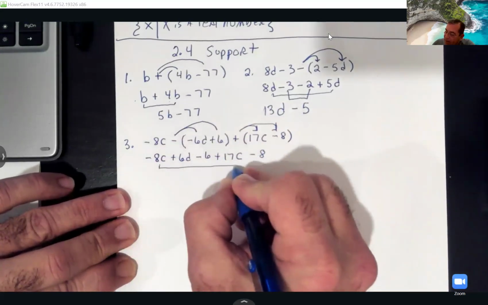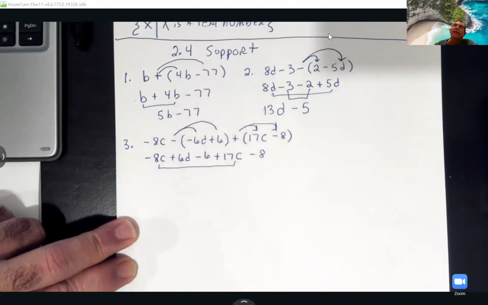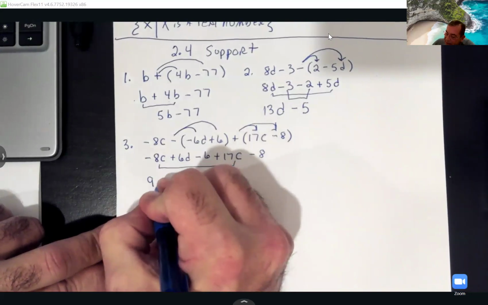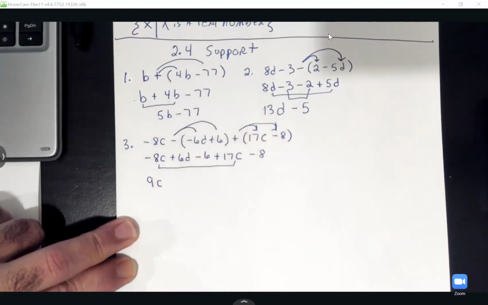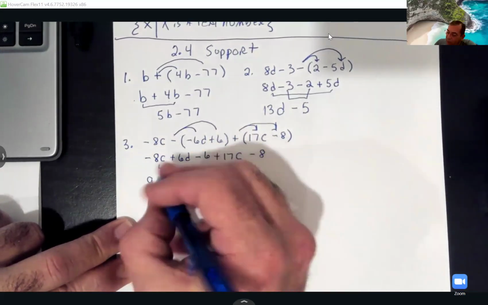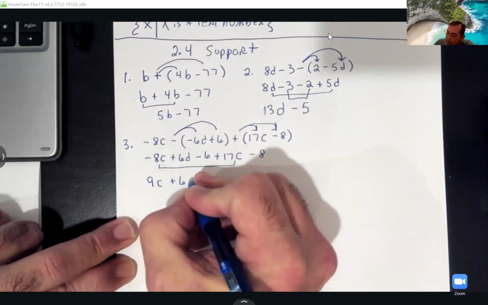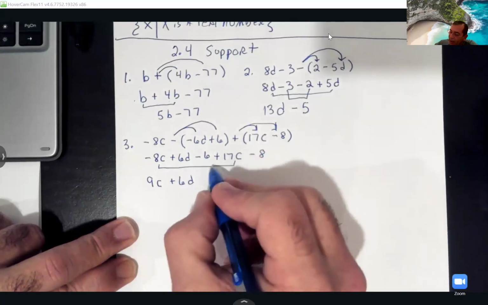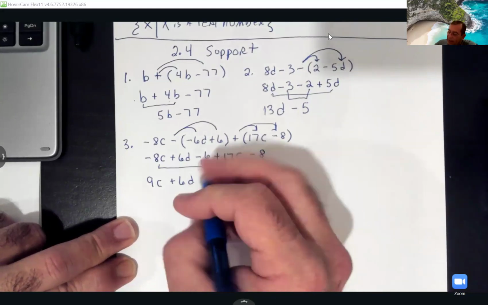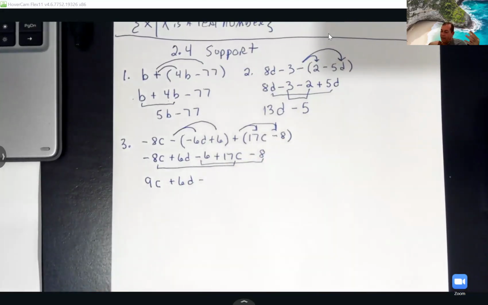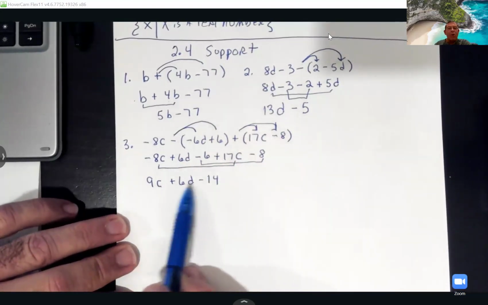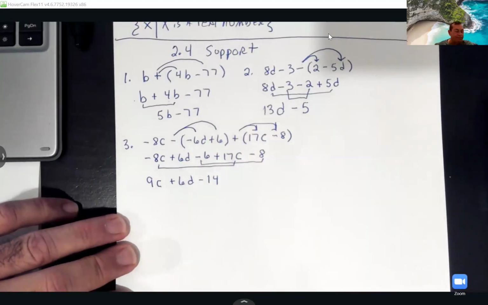So -8 plus 17. So let's see, 17 minus 8, that's going to give us 9c. Look at the 6d. 6d, it don't have no one to add to. So I'm just going to bring down 6d. And y'all look at that. I got a -6. It'll add to that -8. And that'll be what, a -14. All right, I have no more like terms, so we stop there.